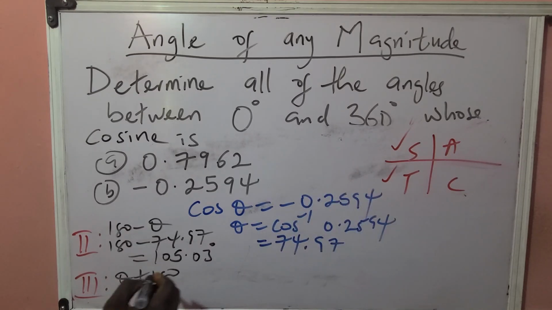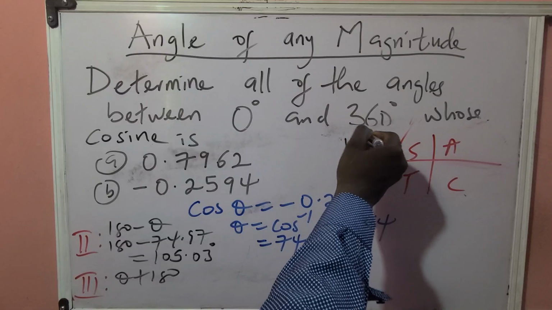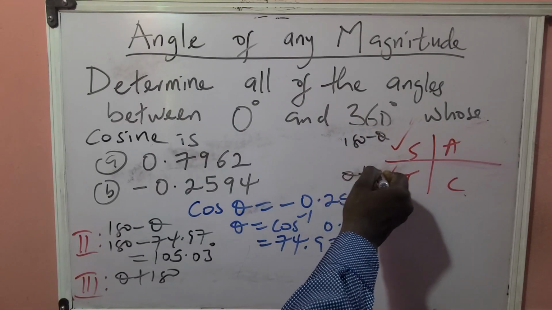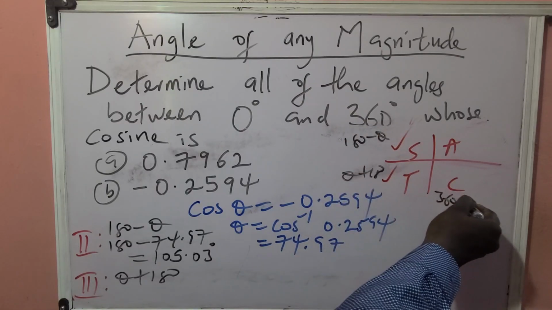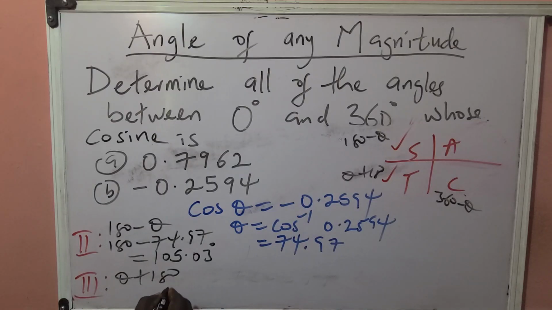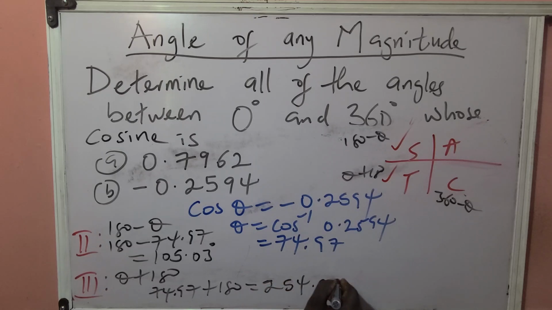Don't forget, 180 minus theta happens in quadrant 2, theta plus 180 in quadrant 3, and the last one is 360 minus theta. So right here we have 74.97 plus 180. If you do 74.97 plus 180, that will obviously give you 254.97.